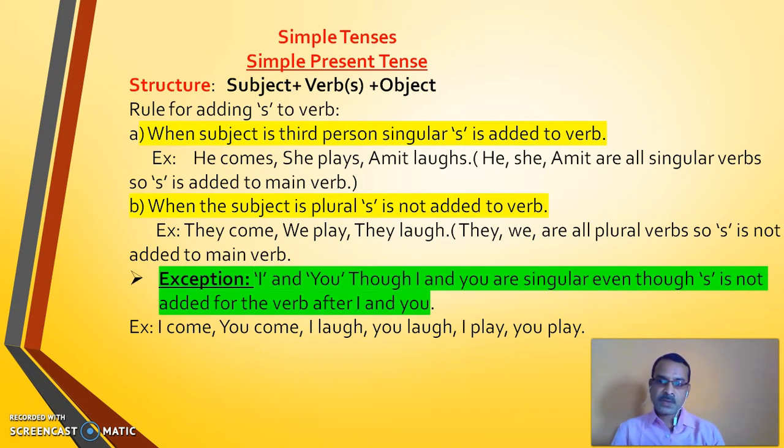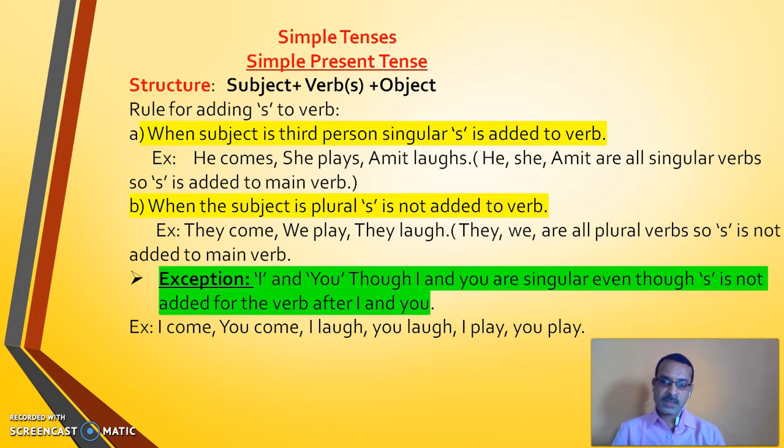Next, when the subject is plural, s or es is not added to the verb. This is an important rule. Try to understand it. It is the most common mistake that a learner of the English language often makes while communicating or while writing sentences.